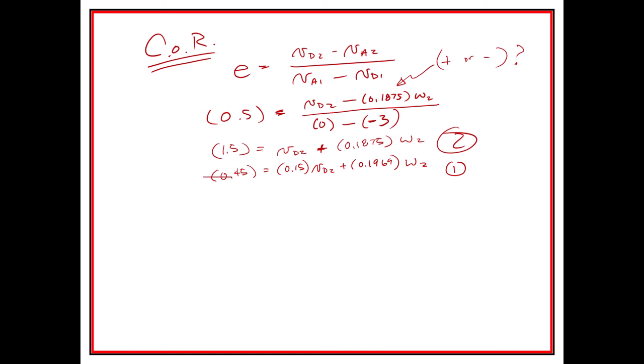So what I often will do is I'll solve one and put it into the other, right? So if I take one up here above, it's easier to do. VD2 is going to be equal to 1.5 minus 0.1875 omega 2, and I put that back into here, so I get 0.45.